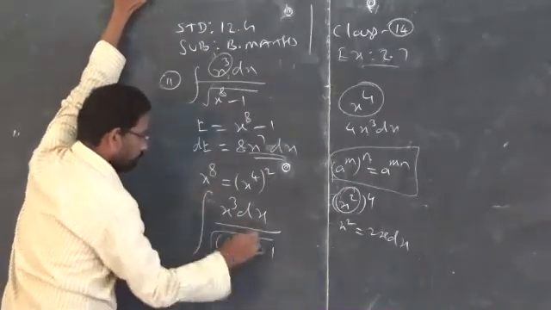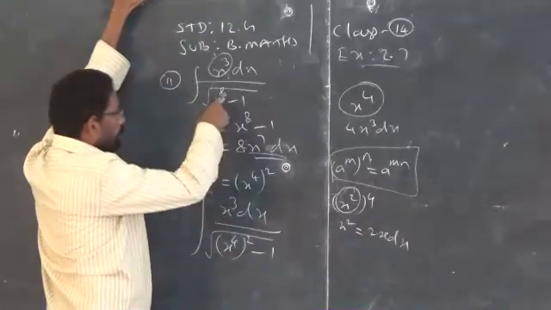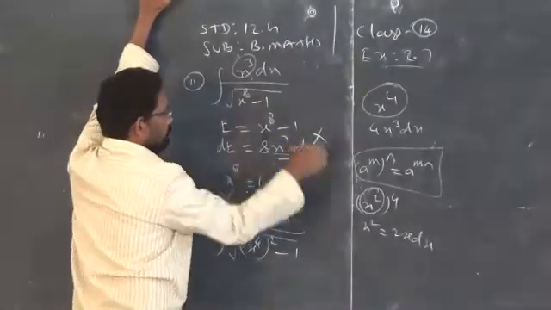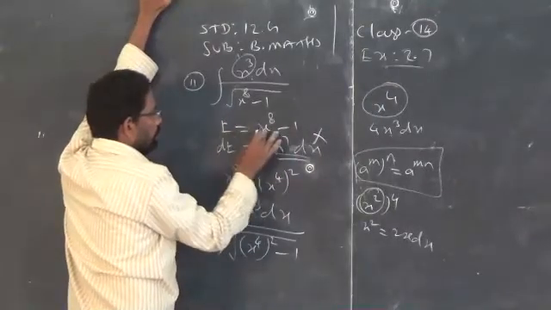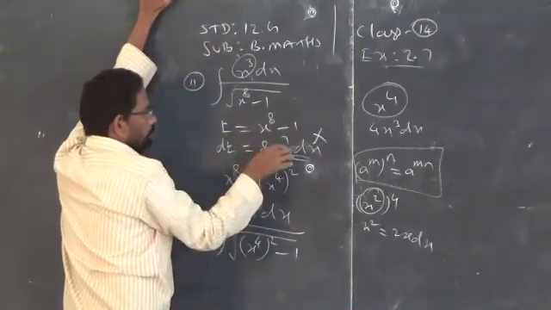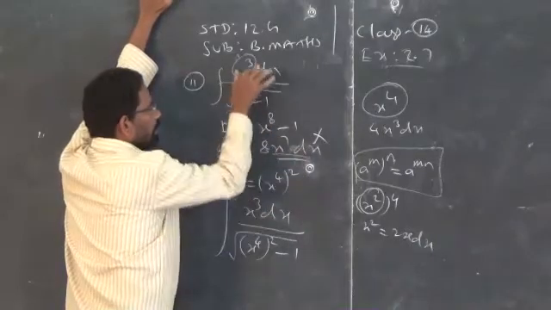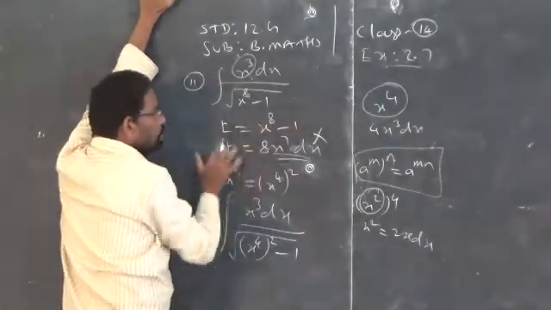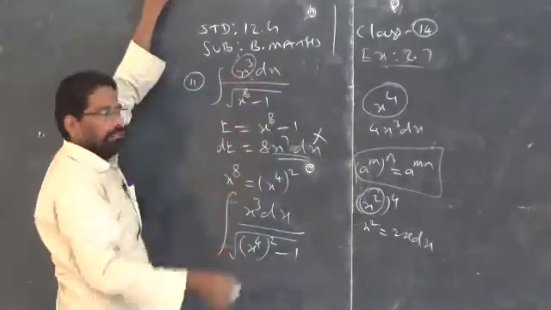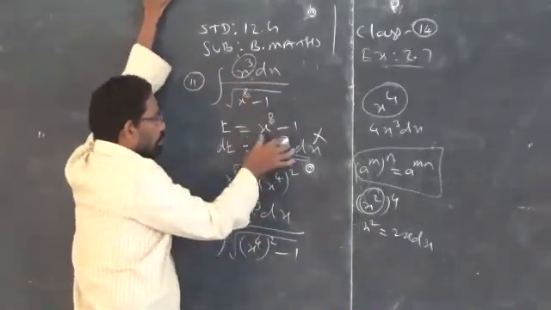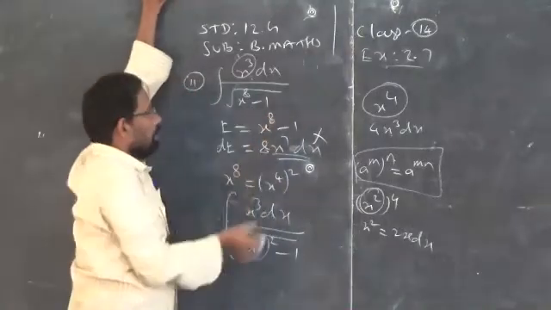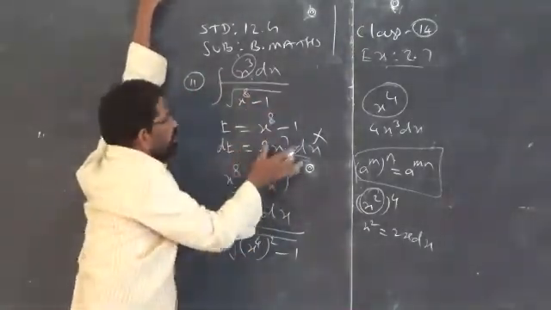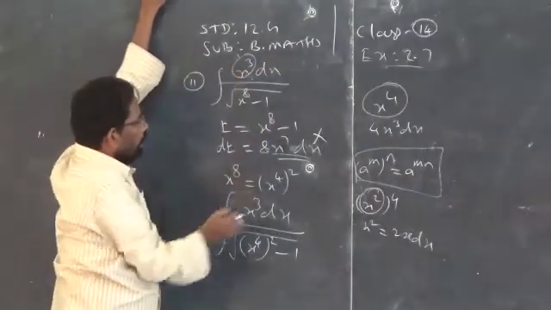Clear? I am rewriting x power 8 because of this. If you take directly t is equal to x power 8 minus 1, you are not able to get the remaining part of the question. Therefore, our consideration is not suitable for this problem, not for other problems. For this problem, taking the substitution of what is inside the square root or inside the bracket is not suitable for this question.